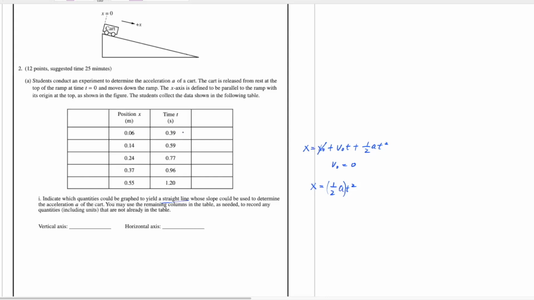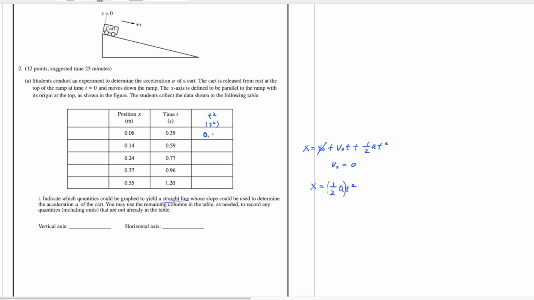So we need x versus t squared. We should put t squared here, which is in seconds squared, and we need to use a calculator to get these values. First one, 0.039 squared.